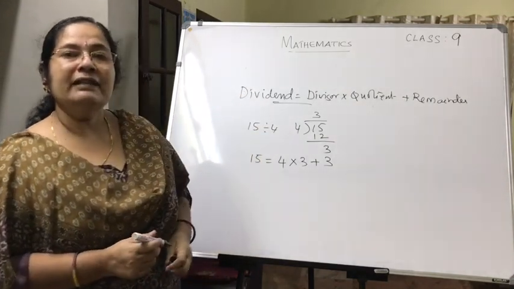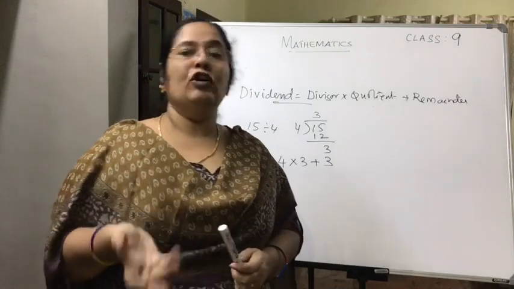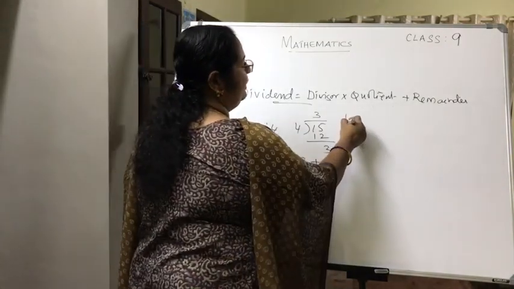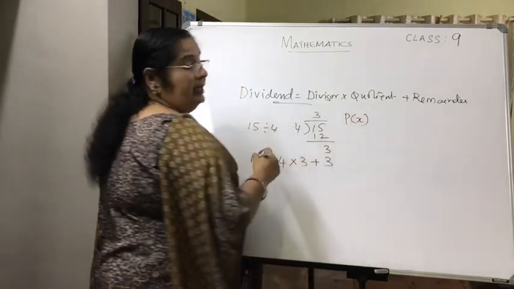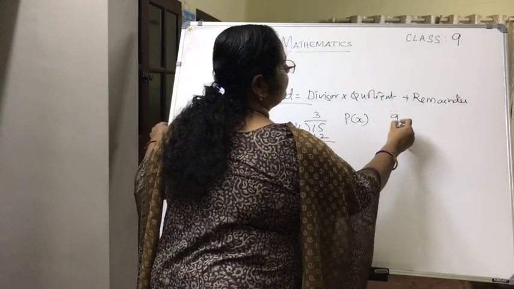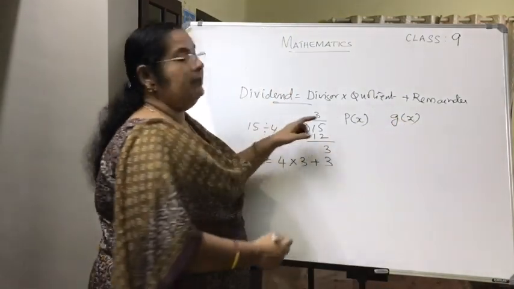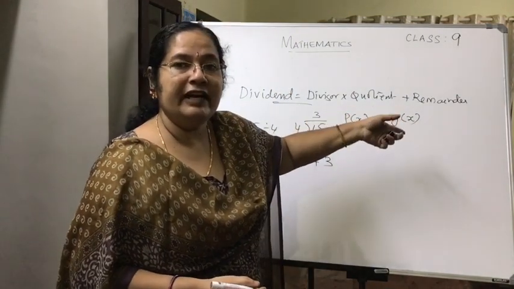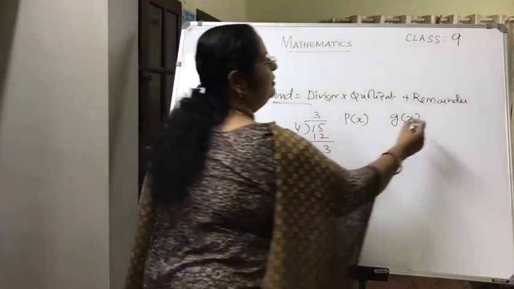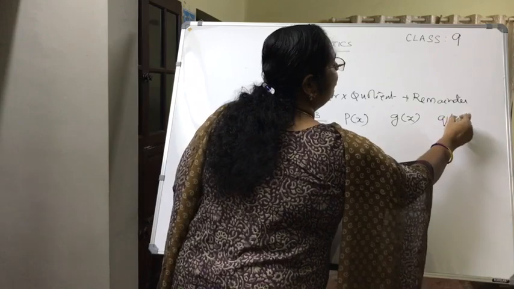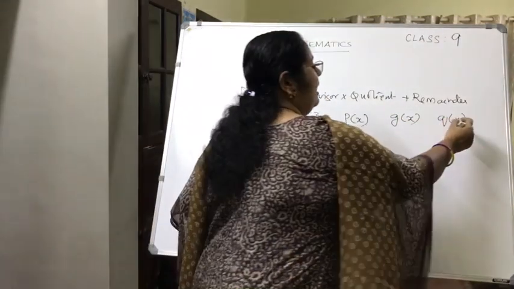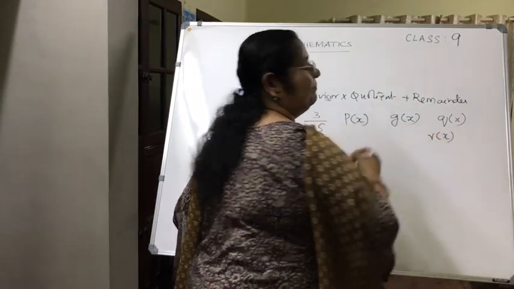Now we are going to apply this division fact for polynomials also. So let us consider a polynomial p of x to be divided by another polynomial g of x. When p of x is divided by g of x, you will be getting a quotient, which you write as q of x, and sometimes you may get a remainder, which you refer to as r of x.